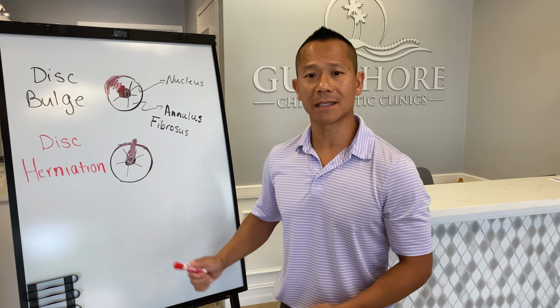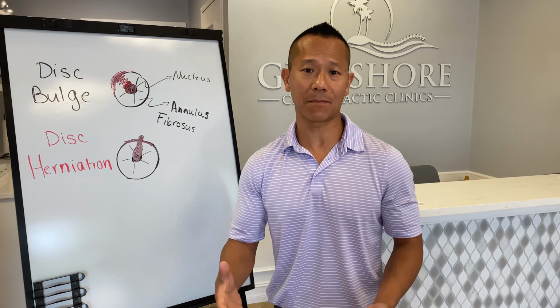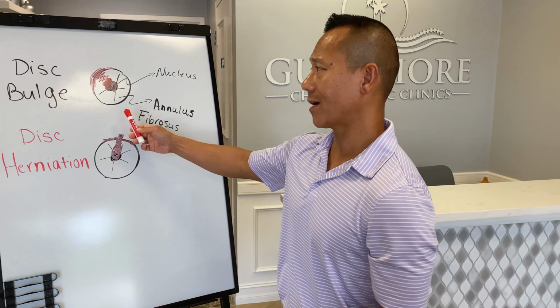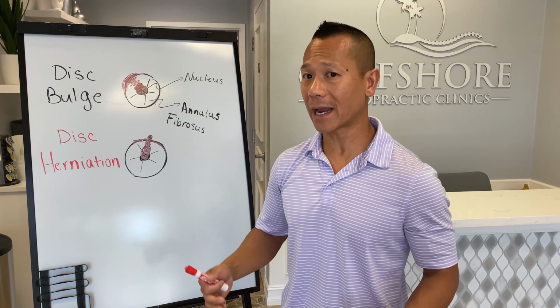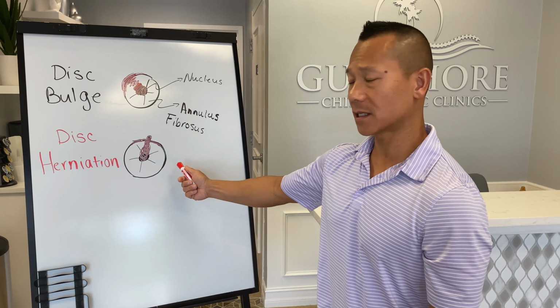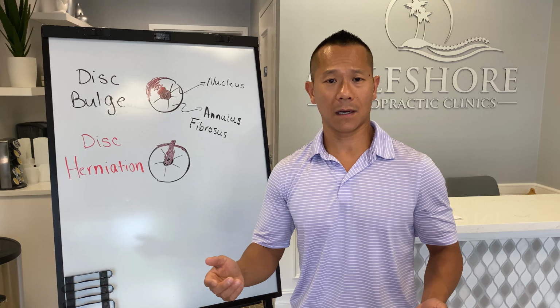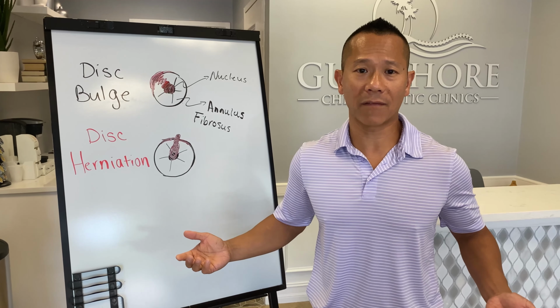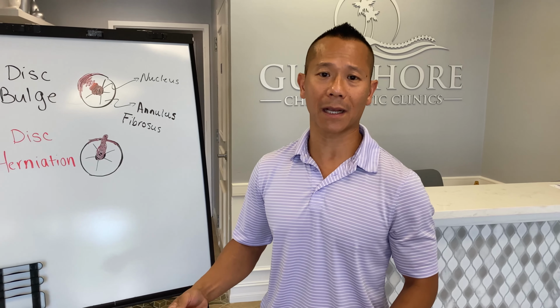The key is how much inflammation you have at that particular stage. You can have someone with a disc bulge who has a lot of inflammation and is in a lot of pain, while someone with a disc herniation who has very minimal inflammation might only have a pain level of about a 2 out of 10. So the inflammation makes a lot of difference.